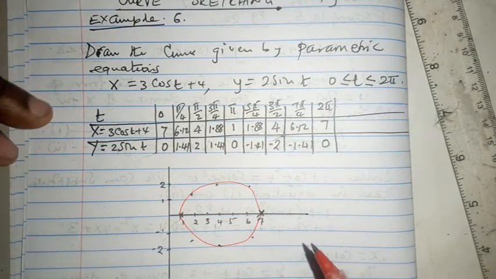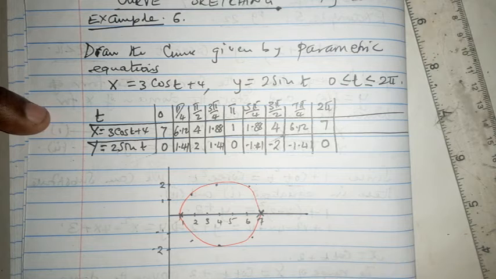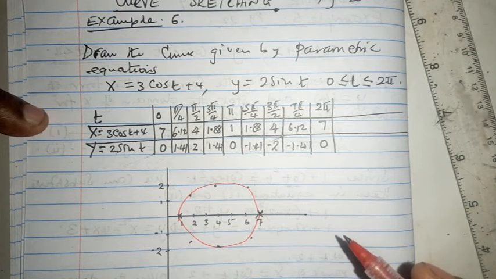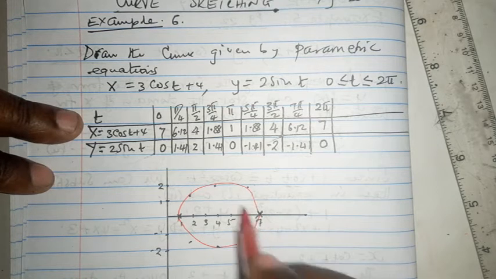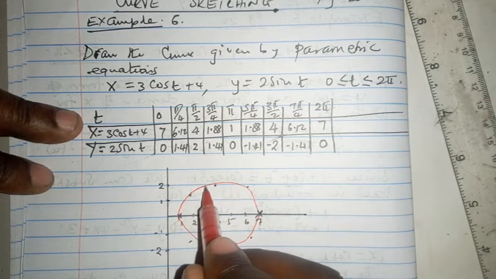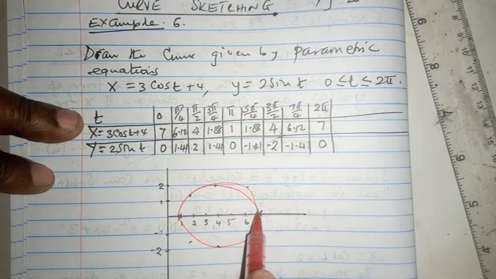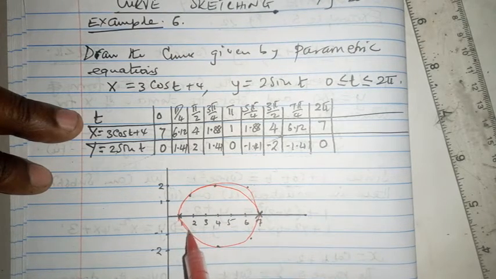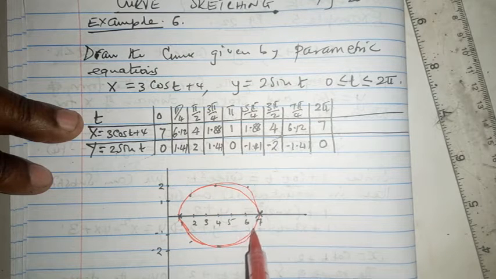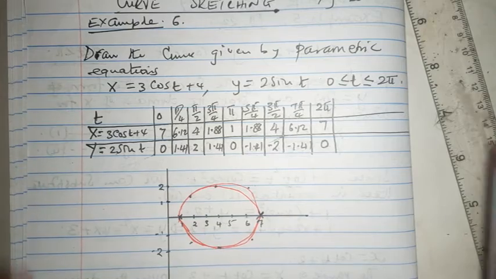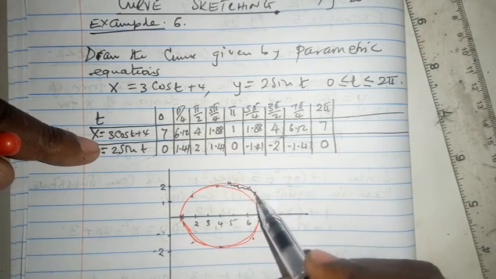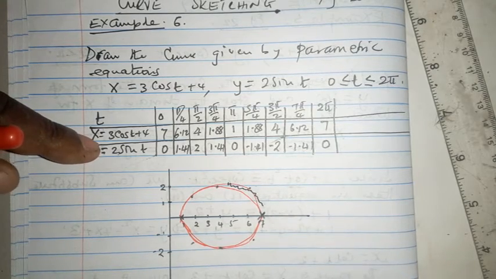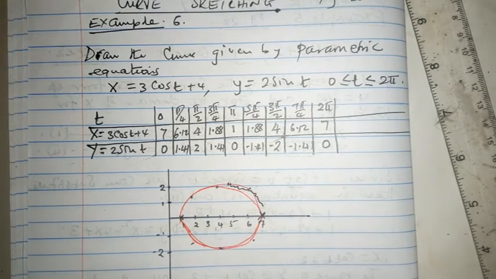If you use graph paper, you should be coming up with a very, very good curve. This one is the curve that we expect.